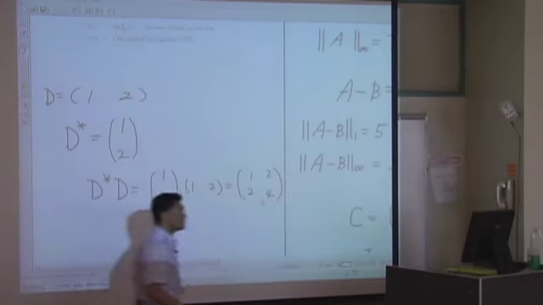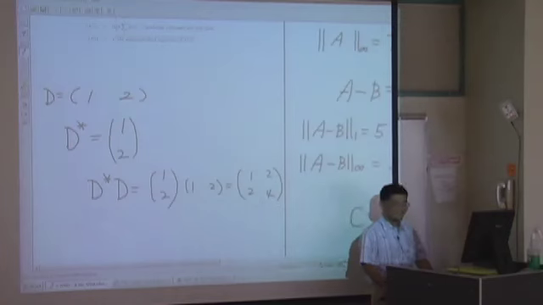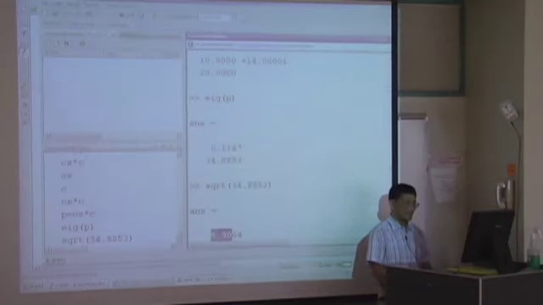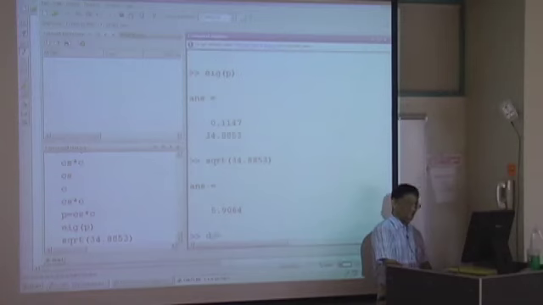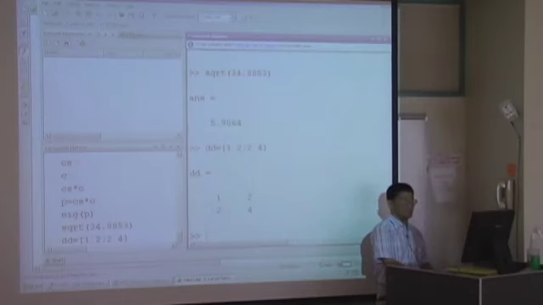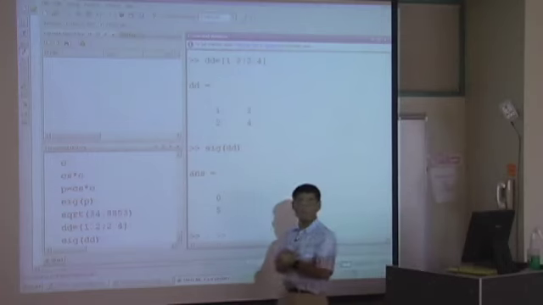Then let's use MATLAB to do the calculation. MATLAB helps us. The DD matrix is 1, 2, 2, 4. Then the DD matrix eigenvalues are 0 and 5.